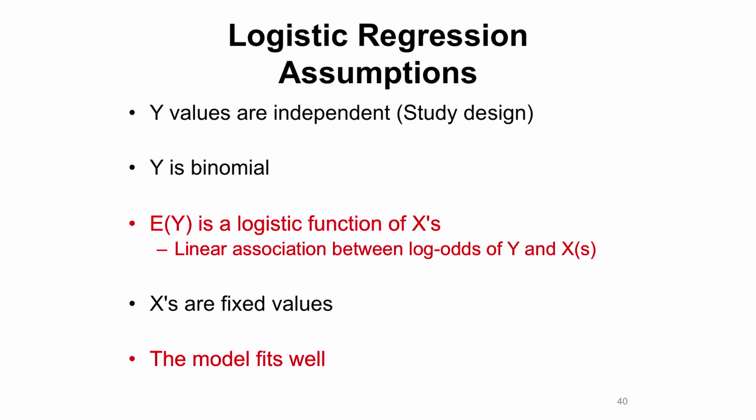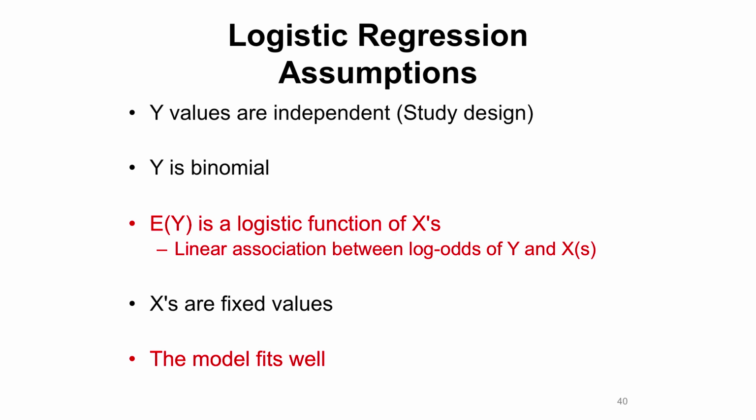The next assumption is that the expected Y is a logistic function of the X's. In other words, the relationship between the log odds of Y is linear with X. So linearity is the main assumption that we need to check statistically. We need to check for linearity between all continuous explanatory variables and the log odds of Y. We'll go over how to assess linearity in tutorial 8.